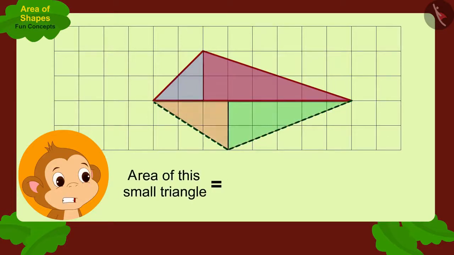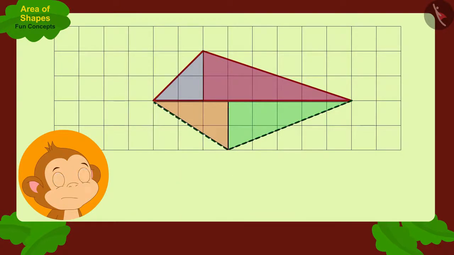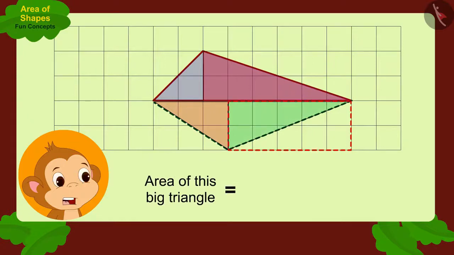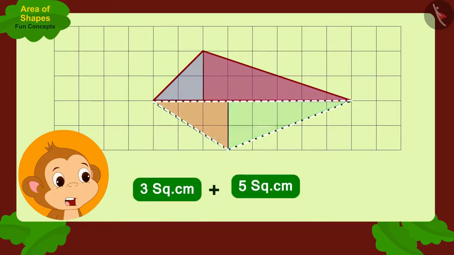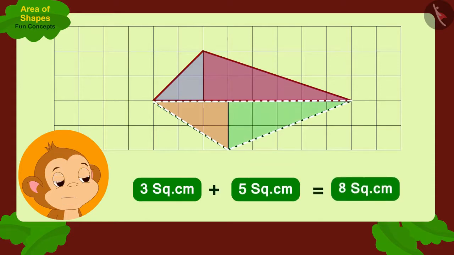The area of this small triangle will be half of this rectangle, or 3 square centimeters, and the area of this big triangle is half of this rectangle, or 5 square centimeters. In this way, the area of this part of the box is 3 plus 5, 8 square centimeters.